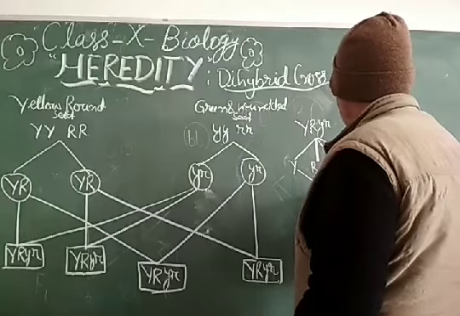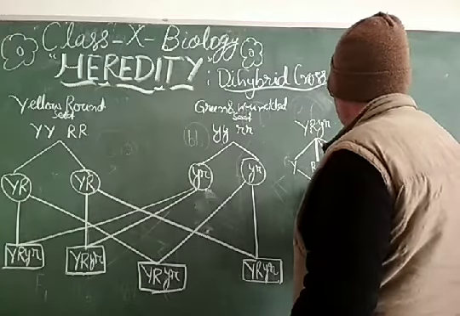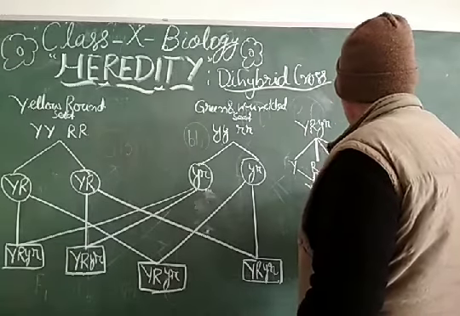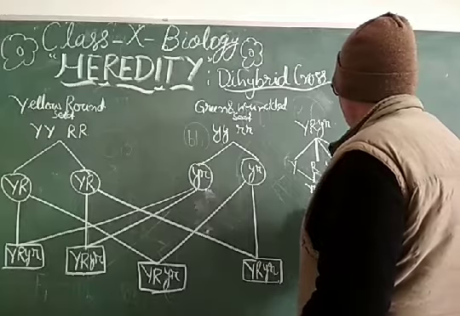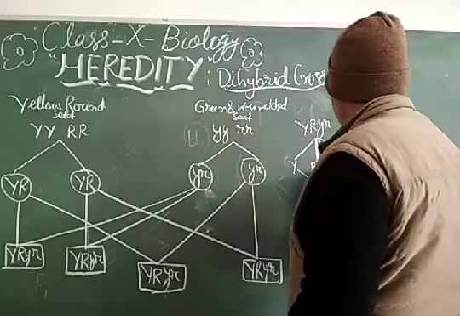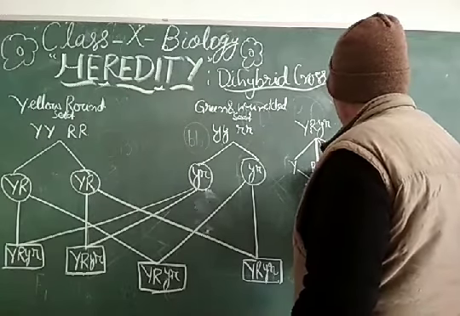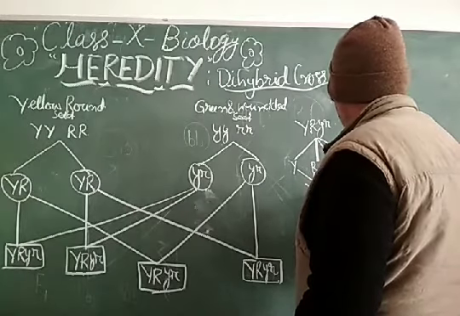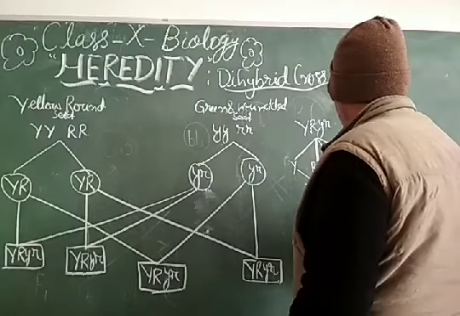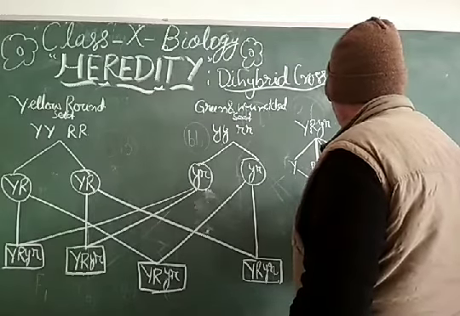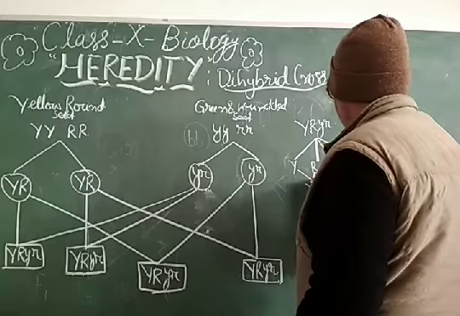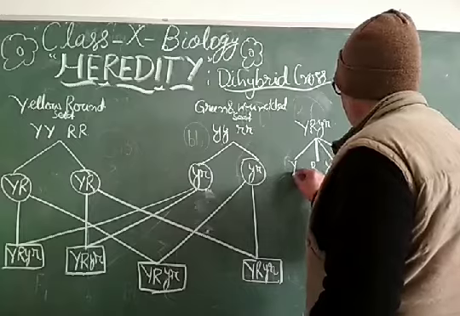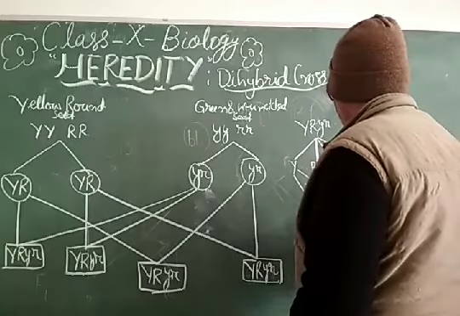Y R, and again the next condition is this one with this, Y R. So these three gametes, and when this is crossing with this, then what happens?